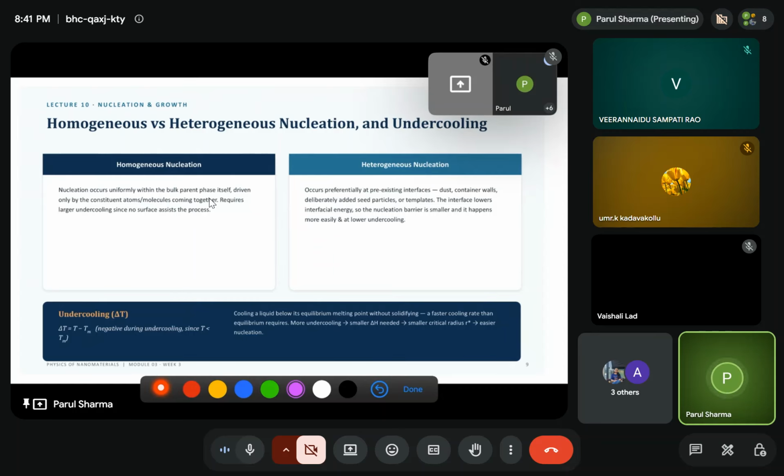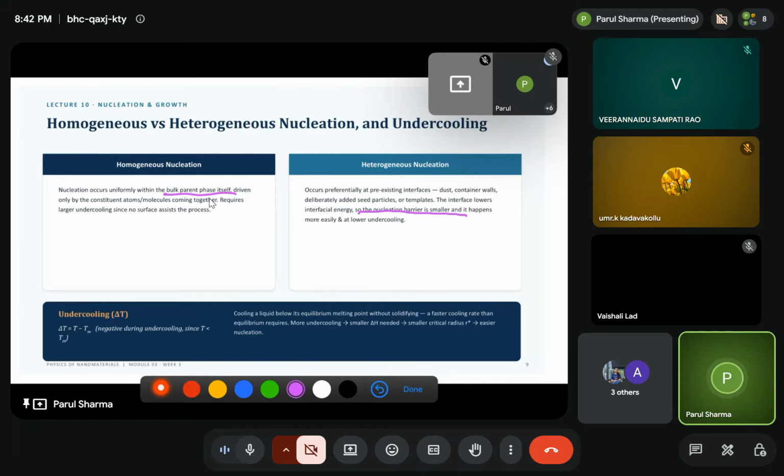For homogeneous nucleation, nucleation occurs uniformly within the bulk parent phase itself, driven only by the constituent atoms or molecules coming together, and it requires large undercooling since no surface assists the process. In heterogeneous nucleation, the nucleation barrier is smaller and it happens more easily and at lower undercooling.